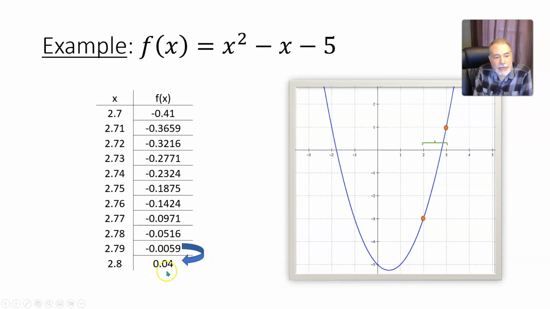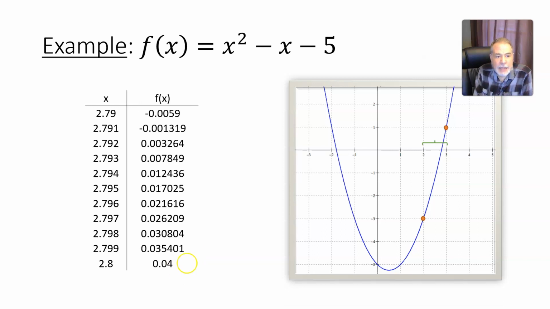f of 2.8 is a positive number, greater than 0. So somewhere in between 2.79 and 2.8 is where we hit 0 exactly. If I want to narrow it down further, I can see f of 2.791 has a negative value, but f of 2.792 has a positive value.